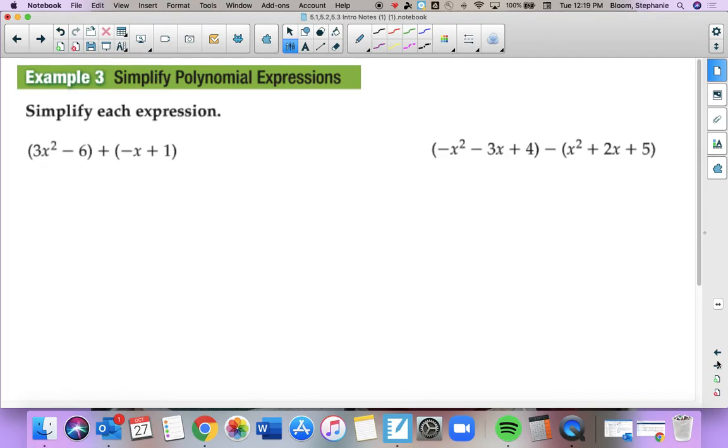Just a reminder, when you do subtraction, be sure you subtract off the entire quantity to the right. In other words, distribute that subtraction sign through. And write your answer in standard form.